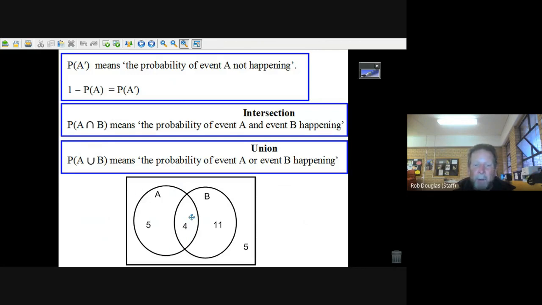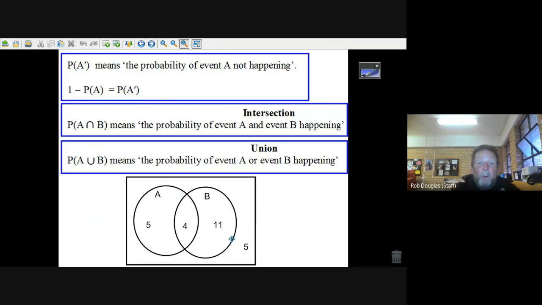If the circle A represented the number of people that like apples, and this circle here, B, is the people that like bananas, and the people outside are the people that don't like either apples or bananas. So there's the situation. That 4 is where the people like apples and bananas. That's the intersection. These are the people that like only apples. These are the people that like only bananas.